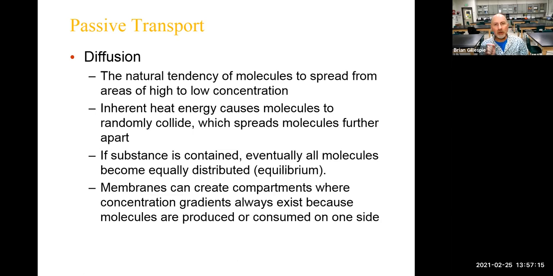And that's the thing about diffusion. Diffusion works separately on every different type of molecule.